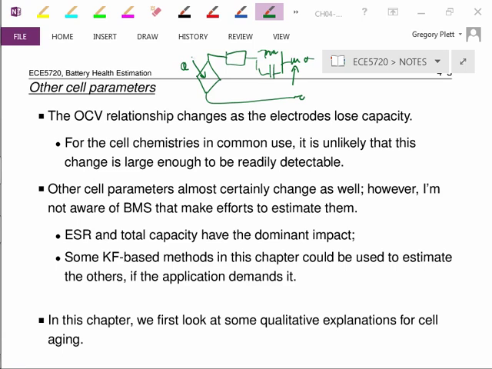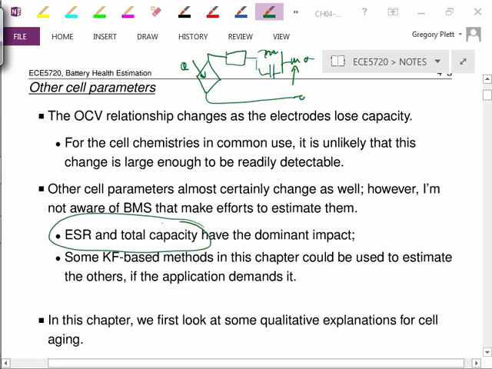Maybe it's just because this field has not been around for very long, so we haven't had a lot of experience with old battery packs and working with them to see what makes their operation different from new battery packs and why it might be important to estimate all the parameters. But I haven't seen that yet. The dominant impact that people know about and worry about are the resistance and the capacity.